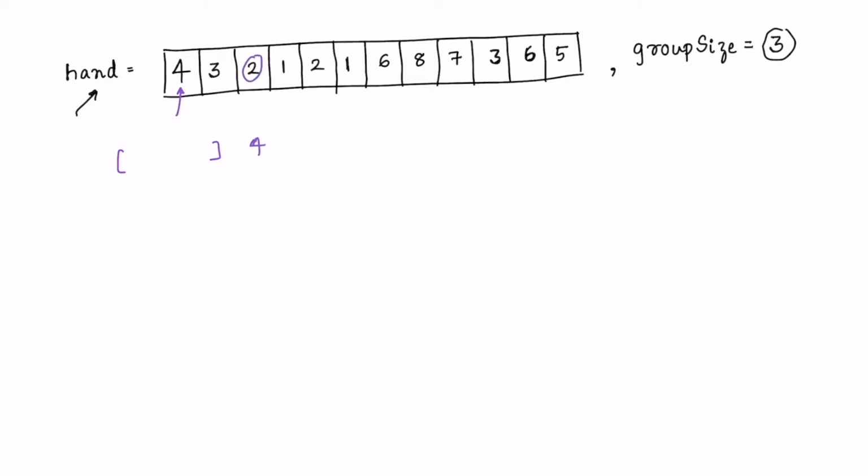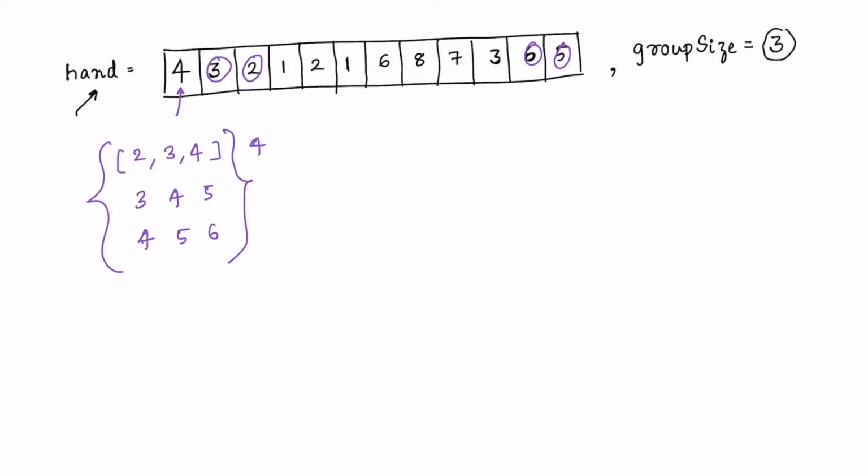Because we have 2, 3, 5, 6 in the input array, there are many possible groups where a card value of 4 can appear. For example, 2, 3, 4 is one group, 3, 4, 5 is another group, 4, 5, 6 is another group. These are all the groups of size 3 where a card value of 4 appears. So which one of these groups should we pick?